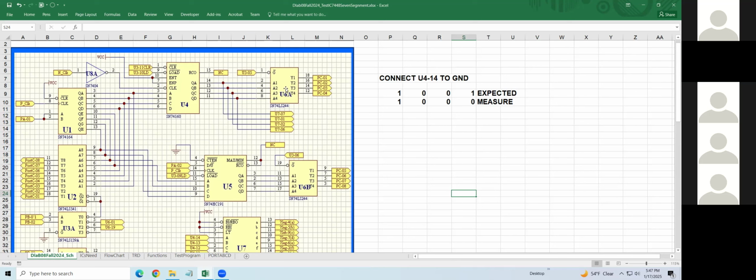So U6 has a problem here. Then you have to look into U6 pin 2, how many wires? Only one wire. Then you can change the U6. Really, U6 inside has a problem.